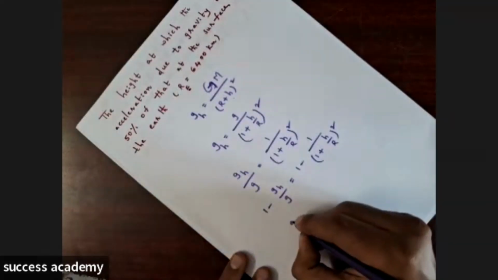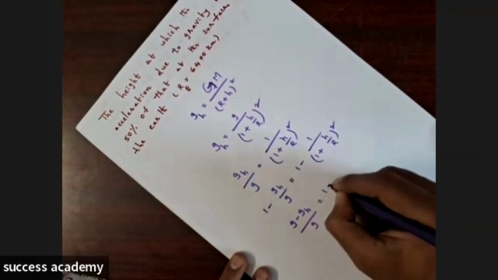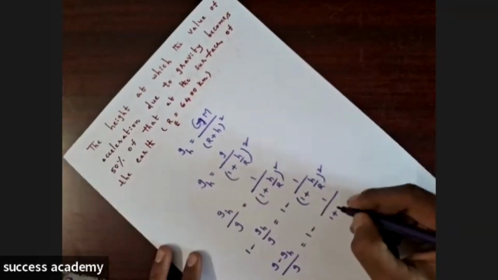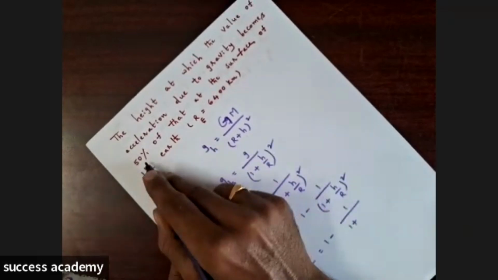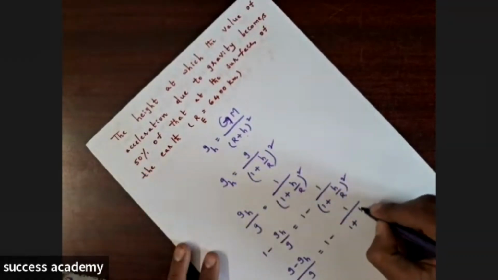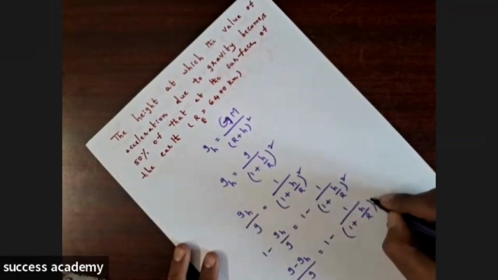Now g minus gh by g is equal to 1 minus 1 by (1 plus h by R) whole square. We need to calculate height only, no?